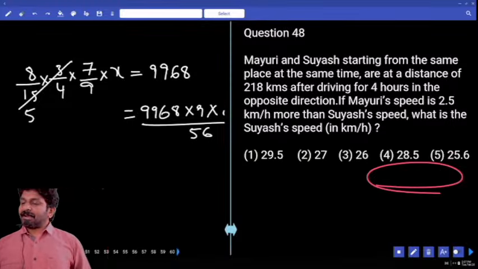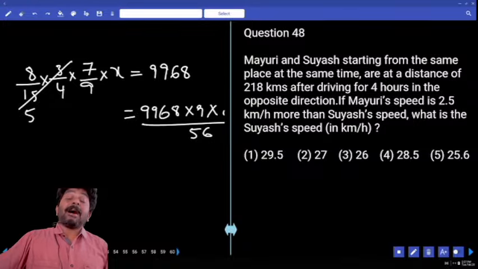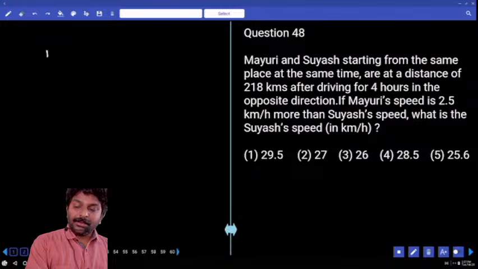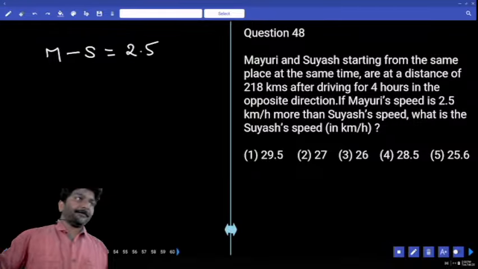Mayuri and Suyash started from the same place at the same time, and are at a distance of 218 kilometers after driving for 4 hours in the opposite direction. If Mayuri's speed is 2.5 kilometers per hour more than Suyash, what is Suyash's speed? Okay, right. Mayuri's speed is 2.5 more than Suyash, so the difference is equal to 2.5, correct?